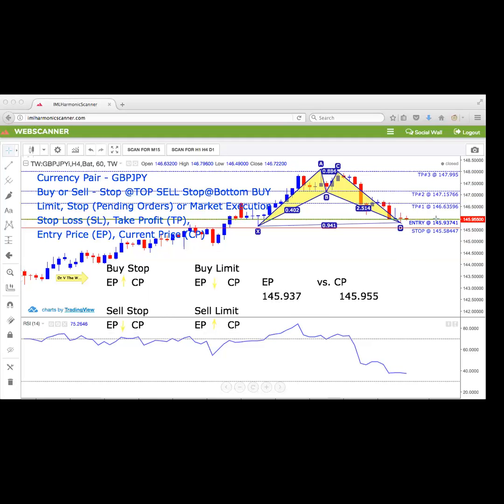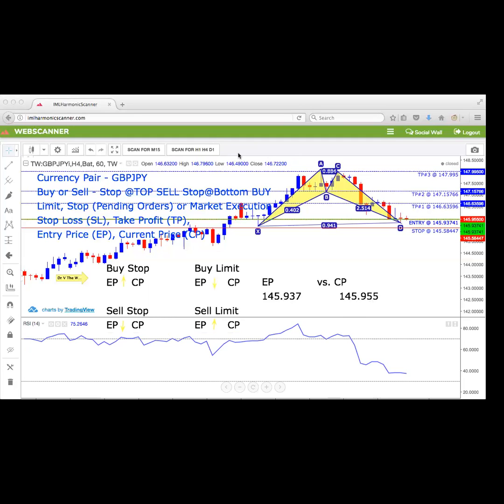Your entry price is here, but your current price is already past it. You have to decide whether it's still profitable to enter this trade, or if you're entering too late. So how do you know that?